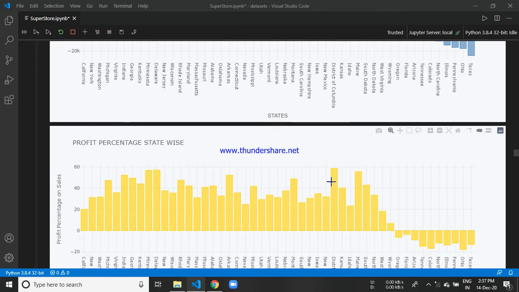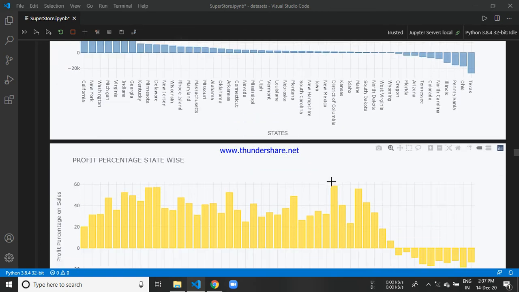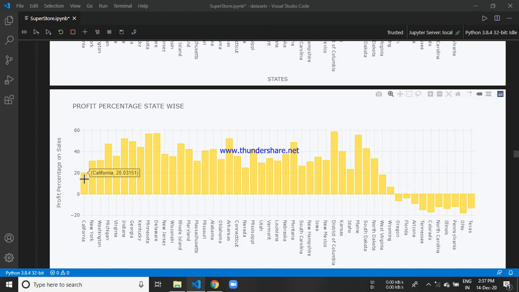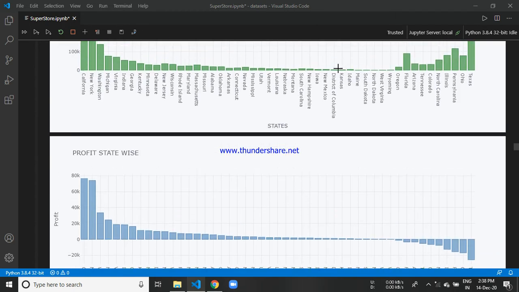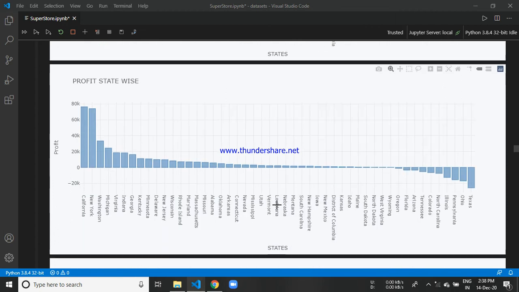But is the highest profit in California the highest profit percentage? No, it is not. The lowest profit percentage is in Ohio, and the highest profit percentage I assume is in District of Columbia, that is 58.69. Although in the District of Columbia the sales are very low, so it is not considerable.